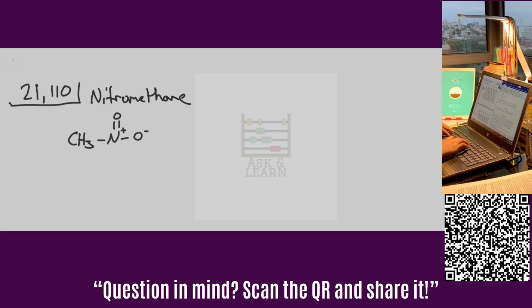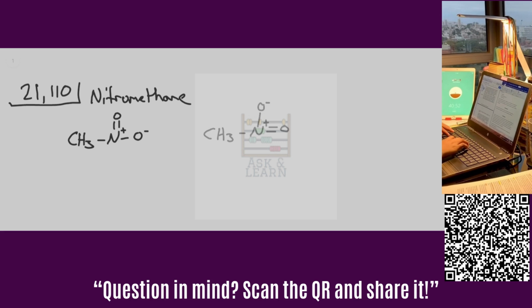And then the second structure will simply flip the double bond. Like this, so two structures.